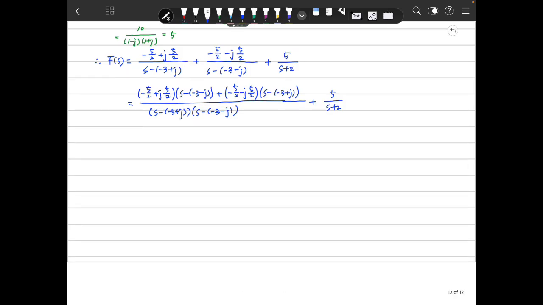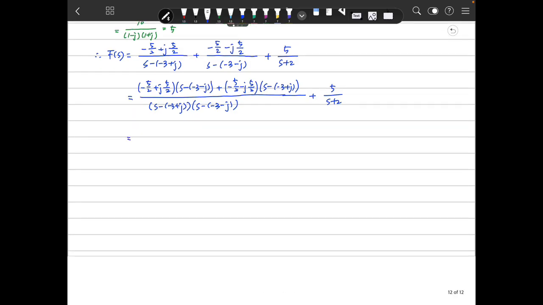Then we need to simplify this. It will be s squared plus 6s plus 10, and there will be minus 5s minus 20 plus s plus 2 and 5.